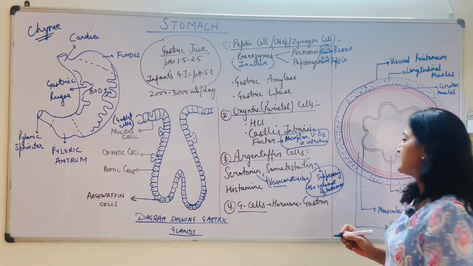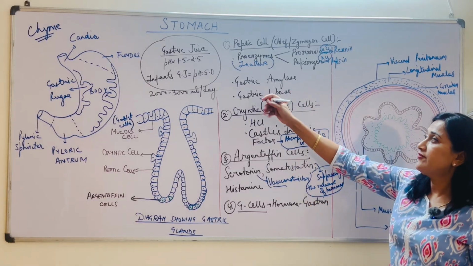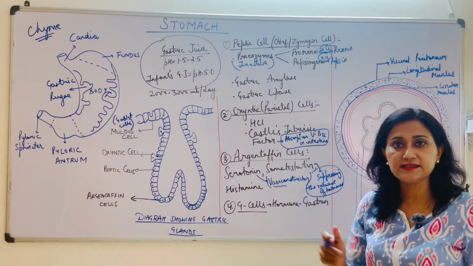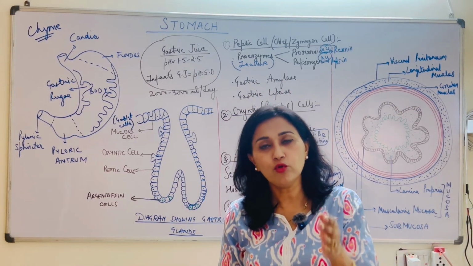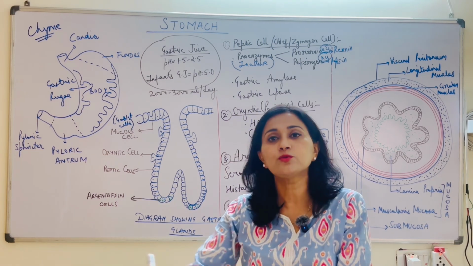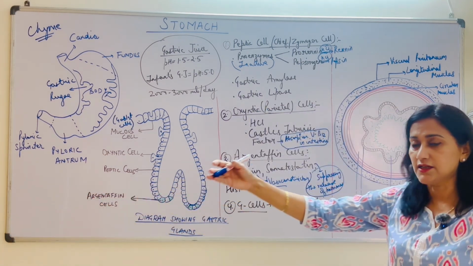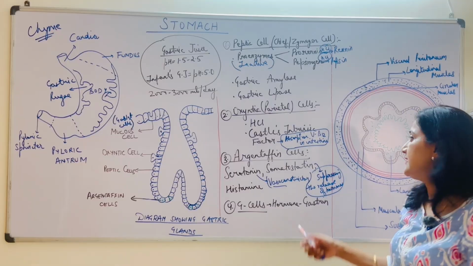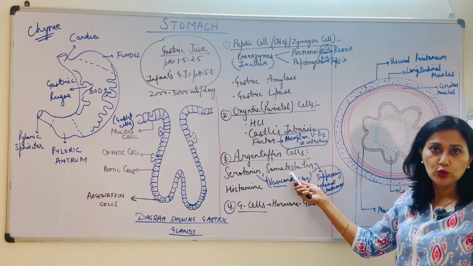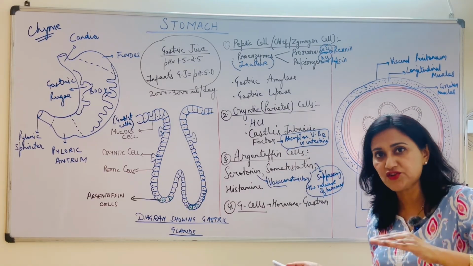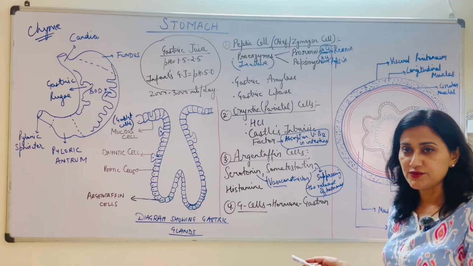So basically when the gastric juice is being secreted, and the food is digested and is now ready to move towards the small intestine, then somatostatin has a role to play, that it leads to a little suppression of the gastric juice.